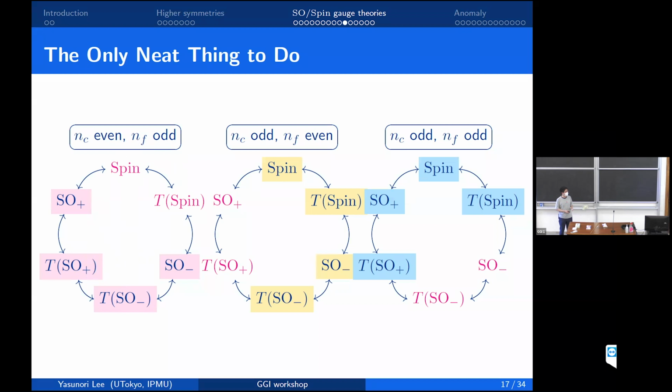Similarly, when NC is odd and NF is even, the SO plus theory has mixed 't Hooft anomaly. And finally, when NC and NF are both odd, the SO minus theory turns out to have mixed 't Hooft anomaly between zero-form and one-form symmetries.